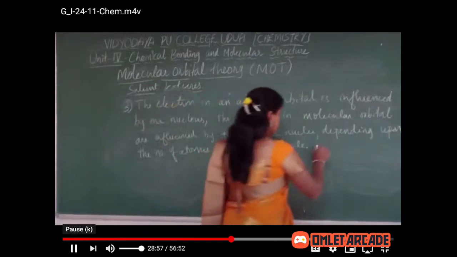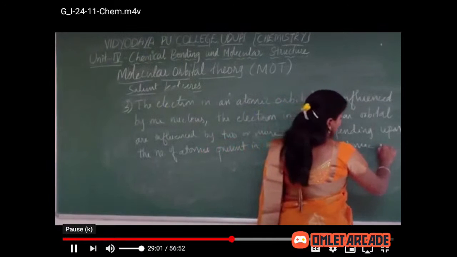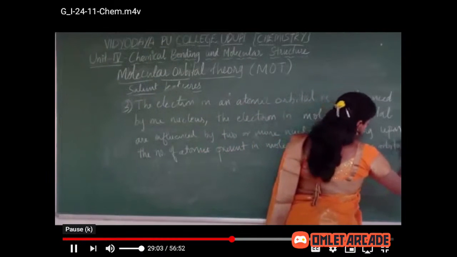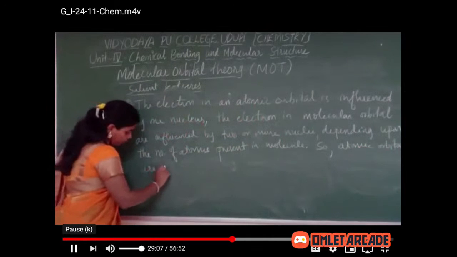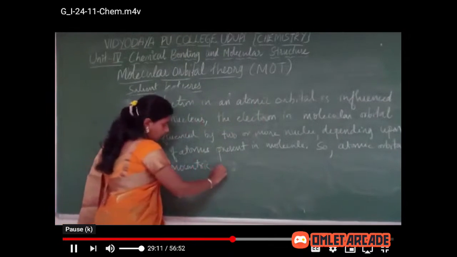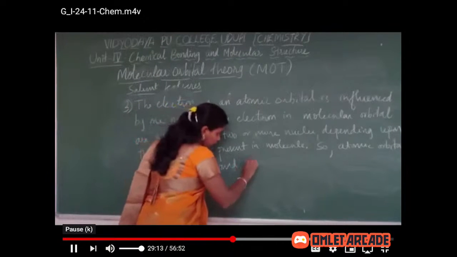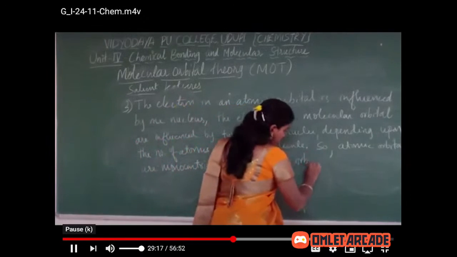Therefore, atomic orbitals are monocentric and molecular orbitals are polycentric.